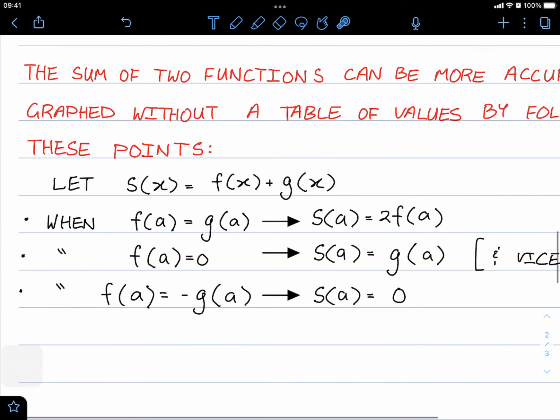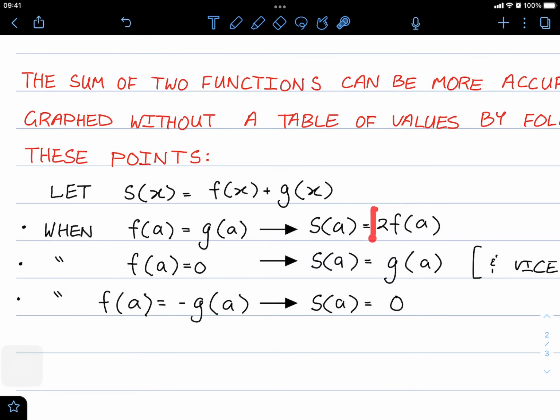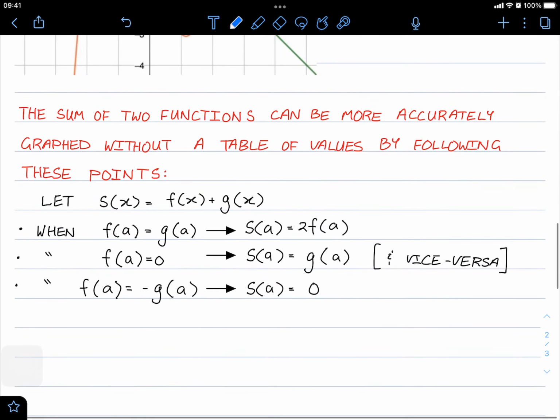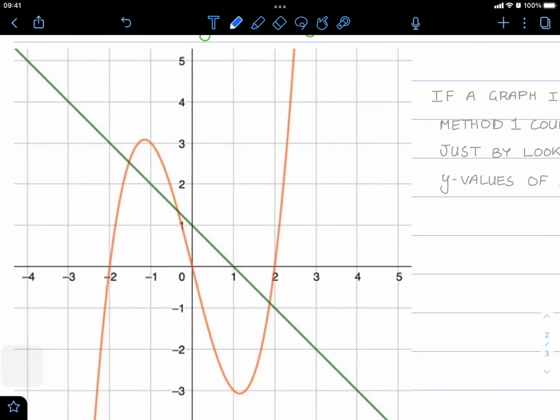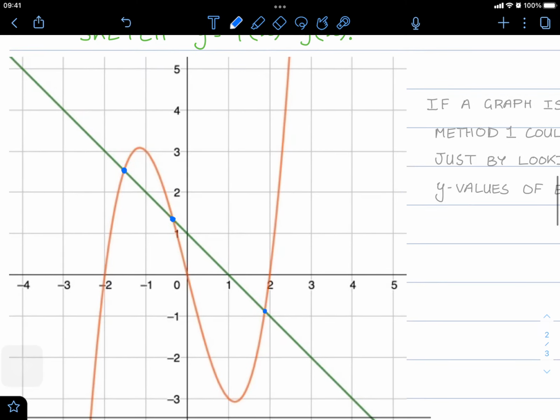And this is true for any point that we pick, hence why we have 2 times f of a. Let's find these points first in our graph. So let's find the points where f and g are equal. We are essentially looking for points of intersection. So here's the first one, here's the second, here's the third that I can see.